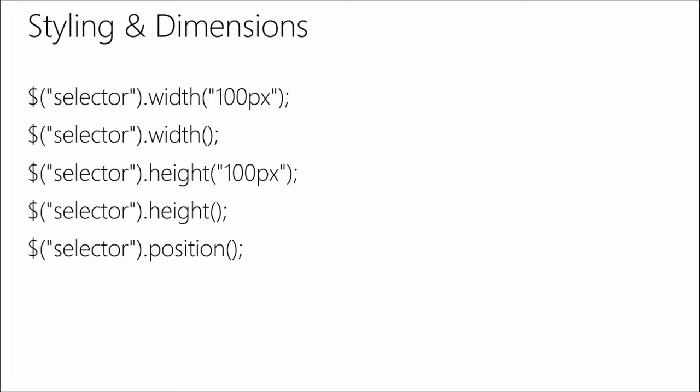And you can either set or get the width and height by calling the width or height methods, and then either passing in pixels for what you want, or just calling the method without arguments to get the width or height, as well as the position. So they're just basics that you could use to get those. Most likely they're going to be set up already, but if you need to manipulate some elements on the fly, add some things or move things around in a responsive design, you can do that, and that'll work that way.